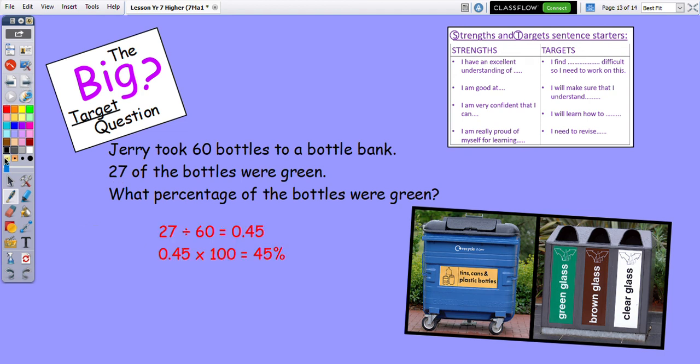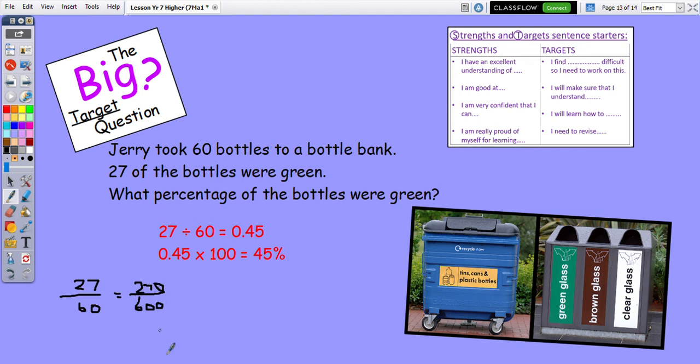Excellent. Okay, calculator method is what I did. 27 divided by 60 is 0.45. 0.45 times 100 is 45%. If you did use the equivalent fraction method, if I were you, I'd have got that to 600. I think 270.